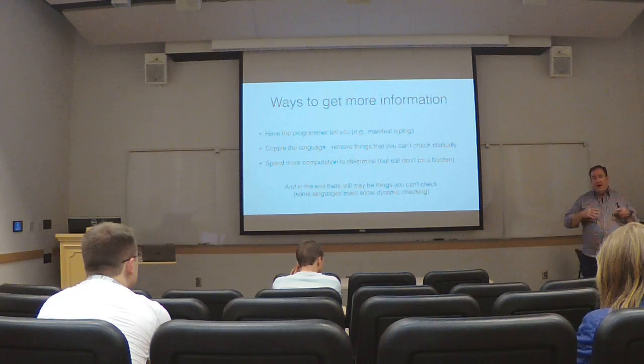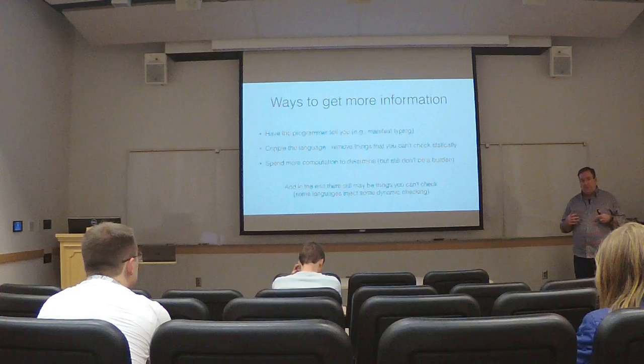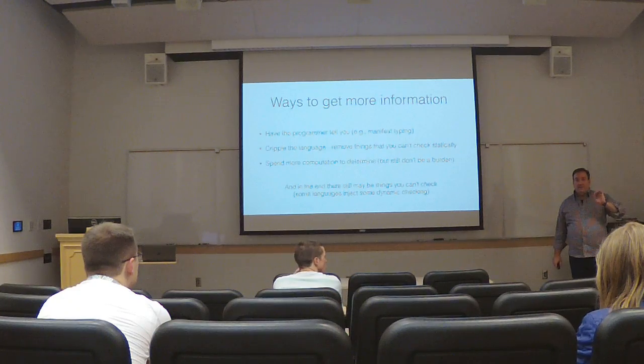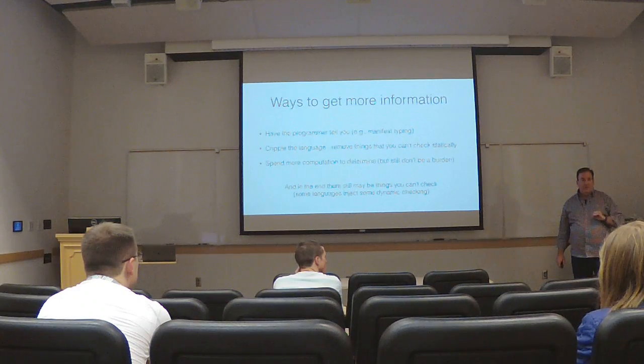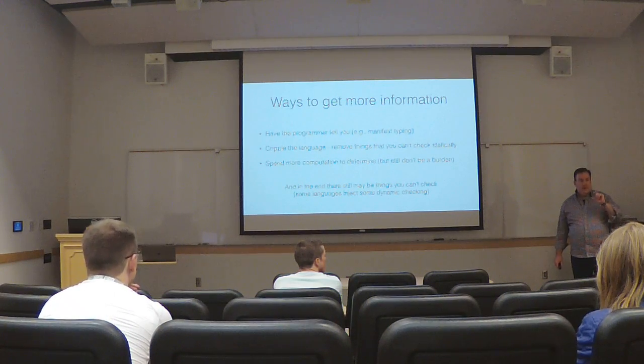In other words, I'll work harder as the compiler to figure out what the type of everything is, rather than just having you declare it, except in a few cases, I might give you an error message that says, I can't determine what this is, give me a hint. Okay? And then ask the programmer to declare a little bit more.